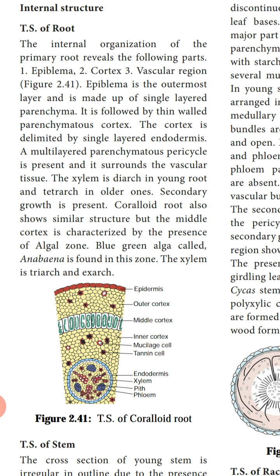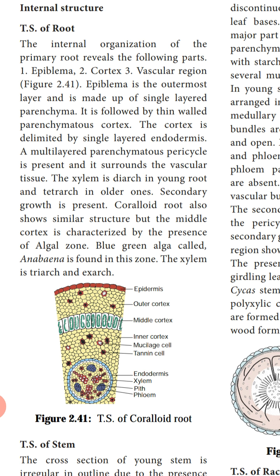When the number of xylem elements becomes 4, it is called tetrarch. When only 2 xylem elements are present, we call it diarch. As we already know, in roots the xylem and the phloem are present alternately. So 2 xylem elements and 2 phloem elements will be present there.